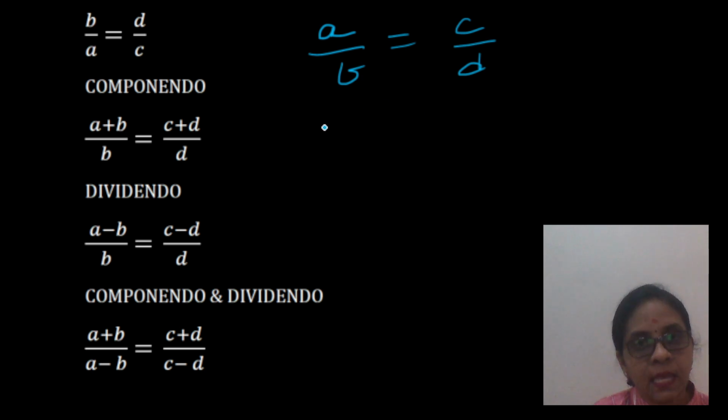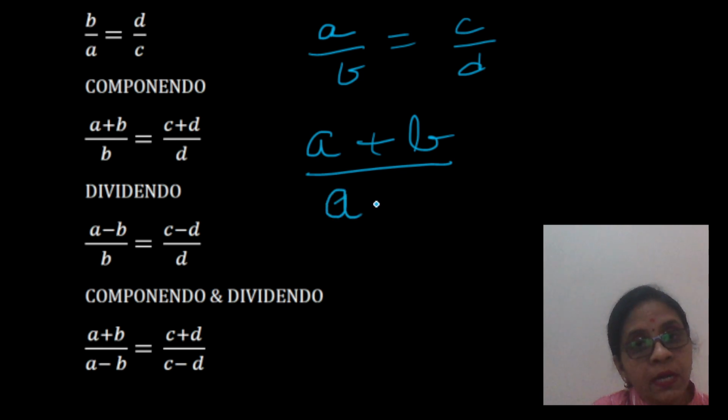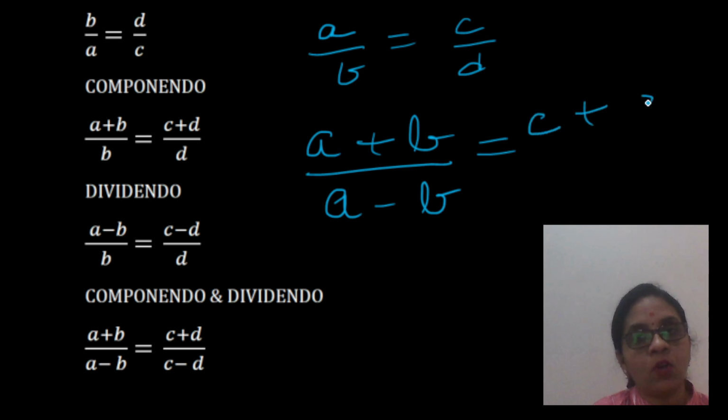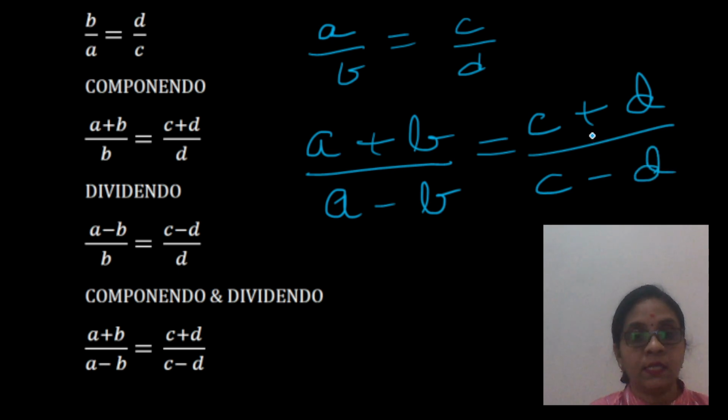Numerator here is A plus denominator B by, remember, it is not B minus A, it is numerator minus denominator. The same thing, numerator is C plus denominator is D by numerator C minus denominator D. This is the property of proportion, componendo and dividendo.